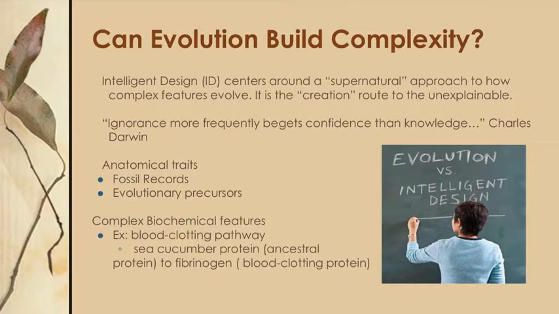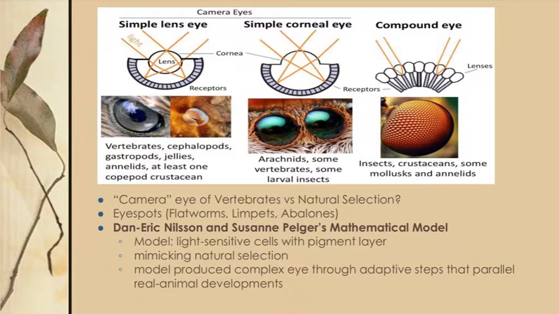For example, in the blood clotting pathway, Russell Doolittle predicted he would find an ancestral protein that would demonstrate how precursor proteins evolved into the pathway, and they did. Complex features of the eye can also be broken down into adaptive steps. In flatworms, the eye spots have skin folded to protect them and to adjust to light.